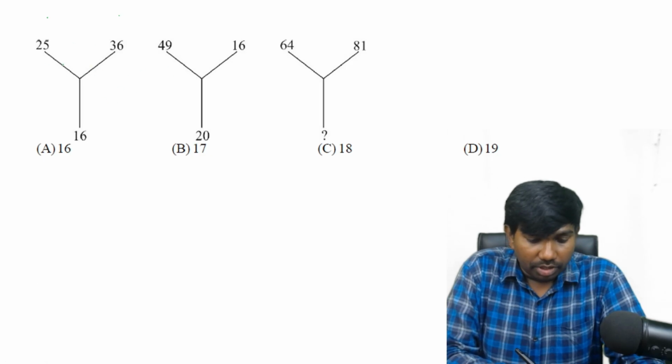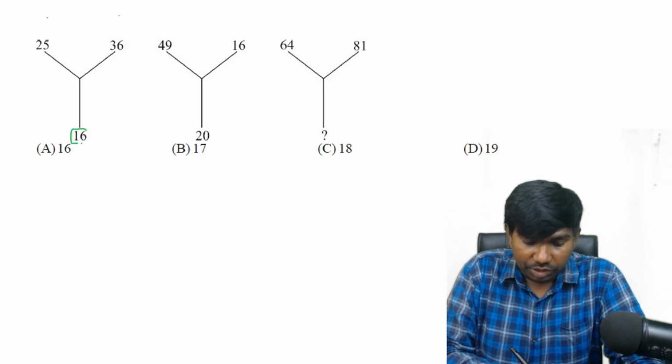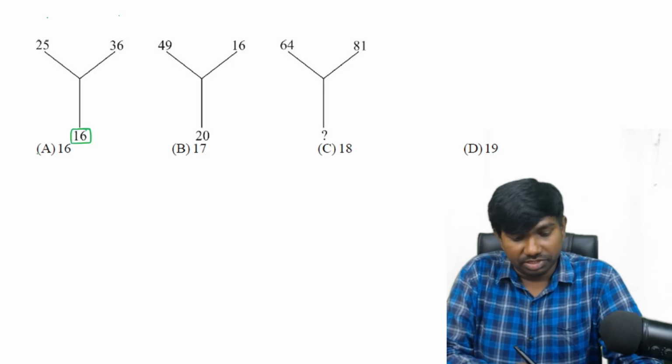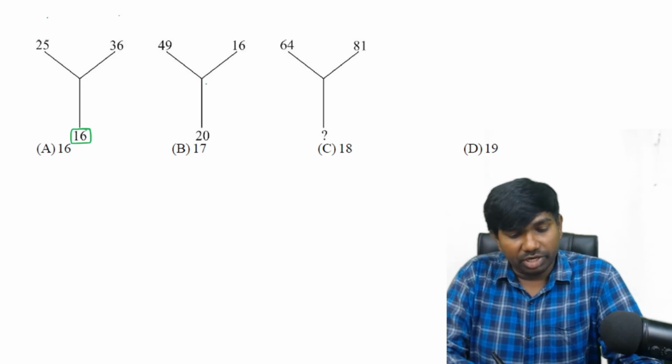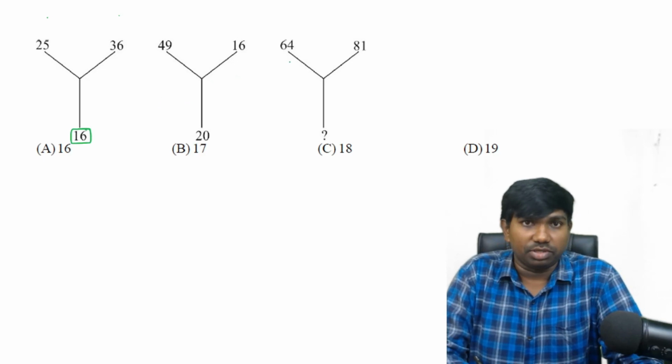Here the logic is how to get 16 using 25 and 36 by operating the digits. For every question, before I solve, pause the video and try to solve it, and see the solution after 2-3 trials.